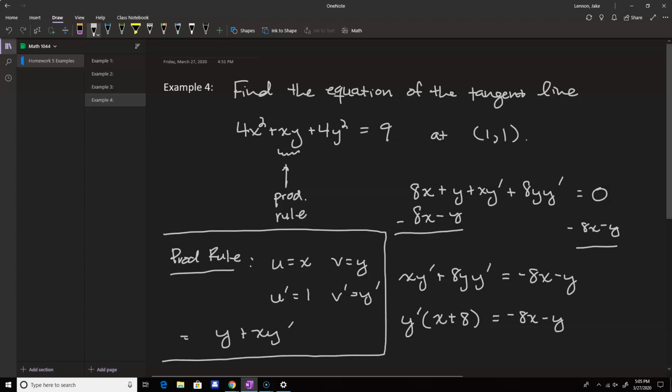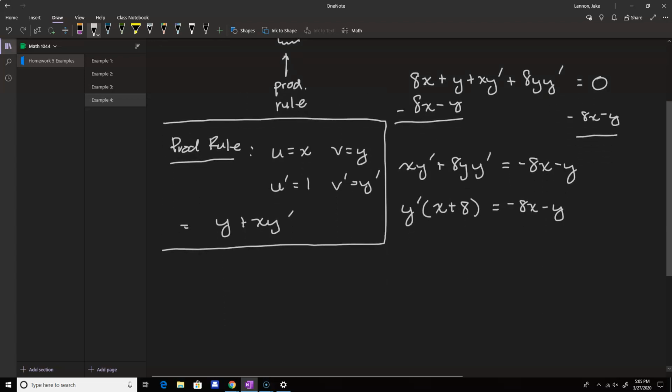And then we divide by x plus 8y on both sides to solve for y prime. So our y prime is equal to minus 8x minus y, divided by x plus 8y.